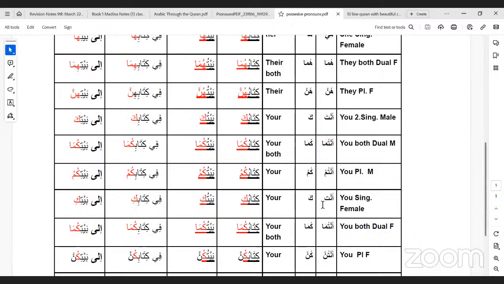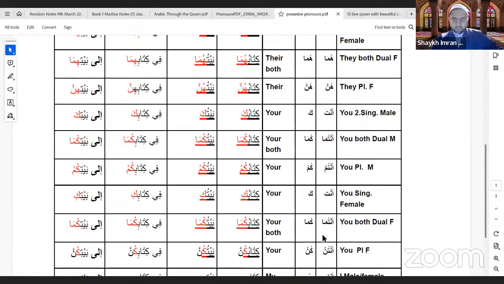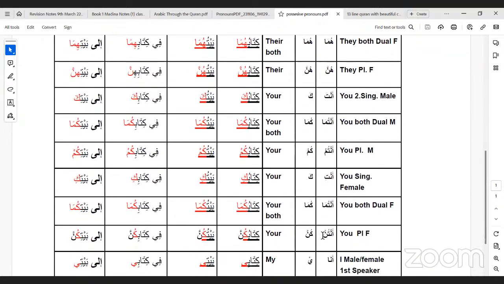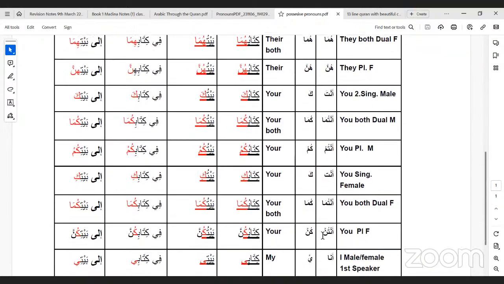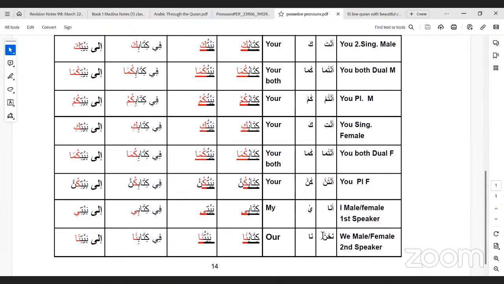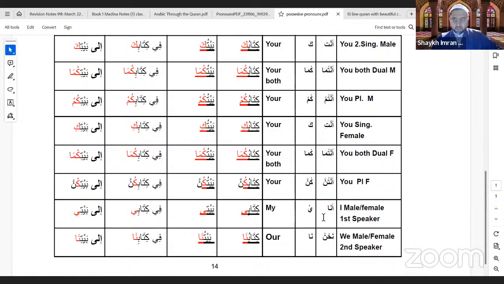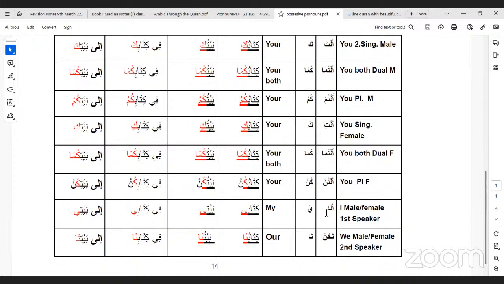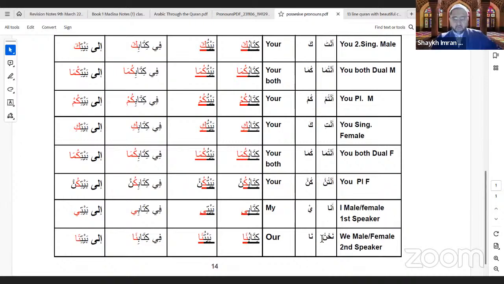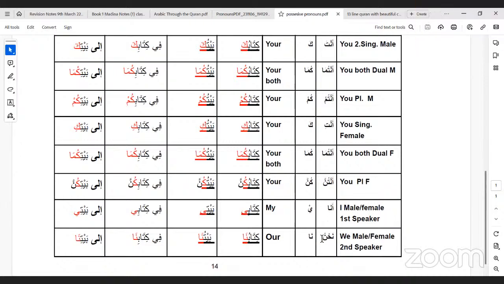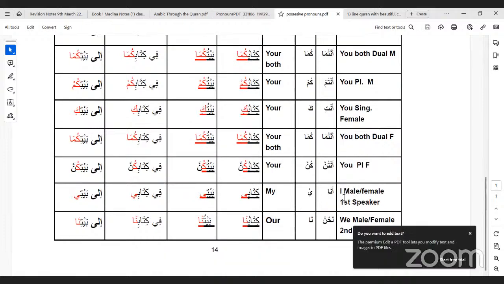And then anti would be singular female. Antuma would be dual female. And then antunna would be more than two females in the second person. Correct. And then ana and nahnu. Ana is I, male and female, first person. And nahnu is male and female both.